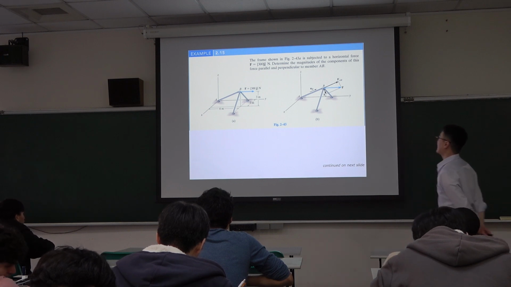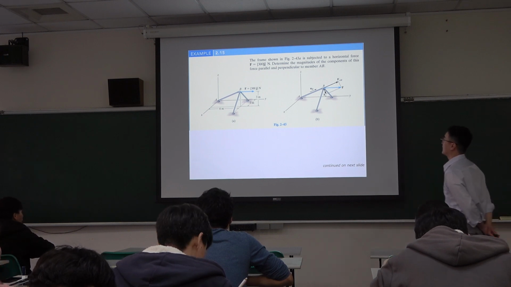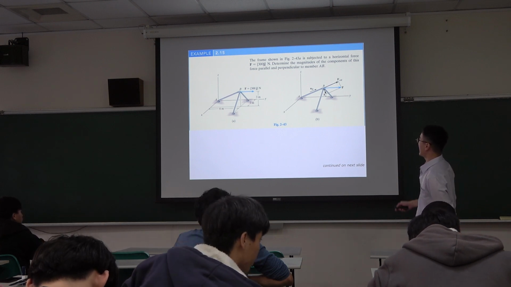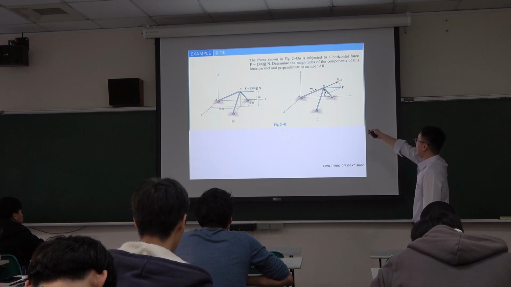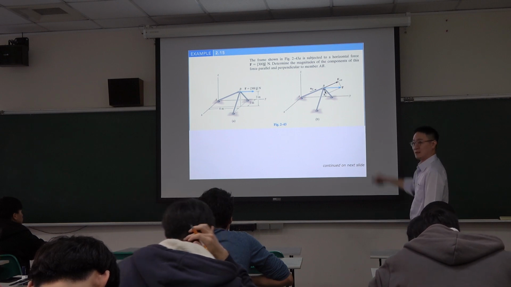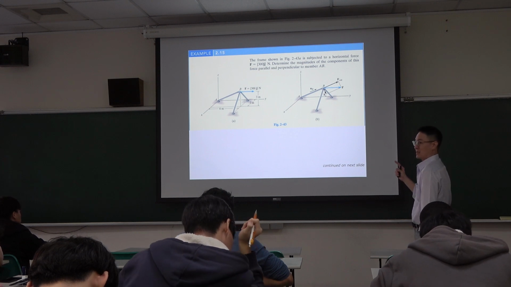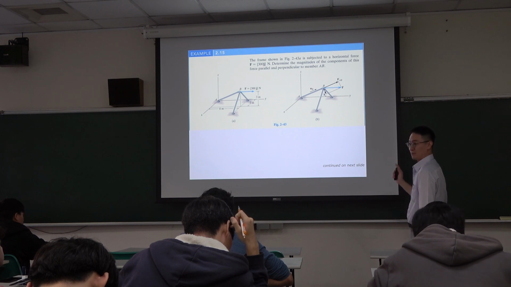Determine the magnitude of the components of the force parallel and perpendicular to member AB. Member AB is here. Since it already indicates member AB, the position vector for AB is important.